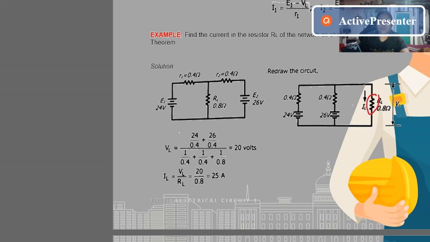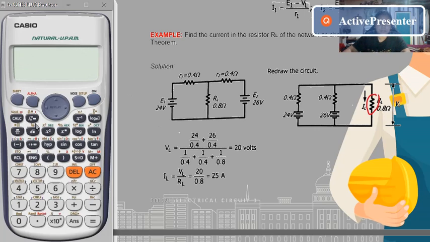Solving for our VL, using the VL formula: 24 over 0.4, just substitute since everything is given.